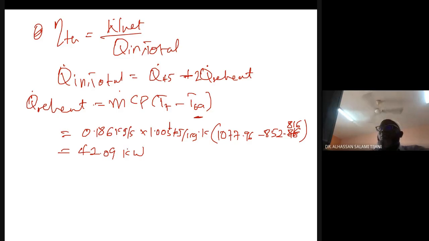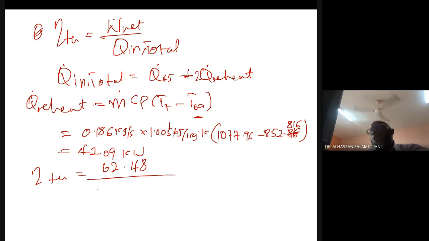Okay, so now thermal efficiency equals W net, 62.48, all divided by Q in.